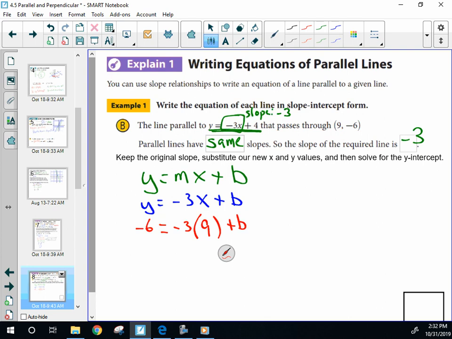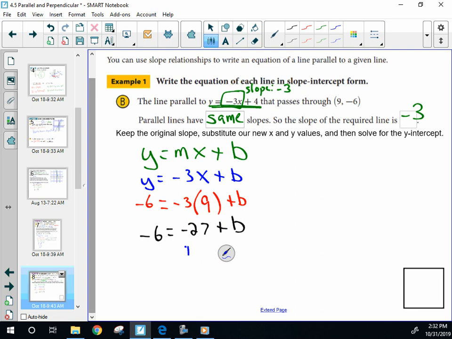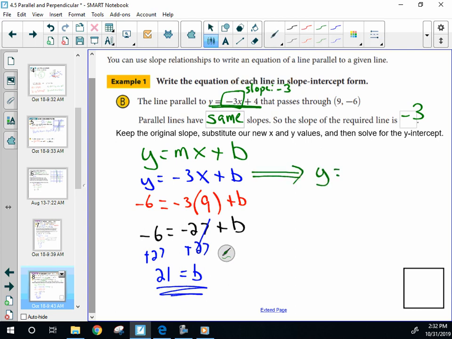And I want to solve this equation for b. -3 times 9 is -27. -6 equals -27 plus b. I'm going to add 27 to both sides. You get 21 equals b. There's my y-intercept. So what's my equation going to look like? y equals -3x plus 21.